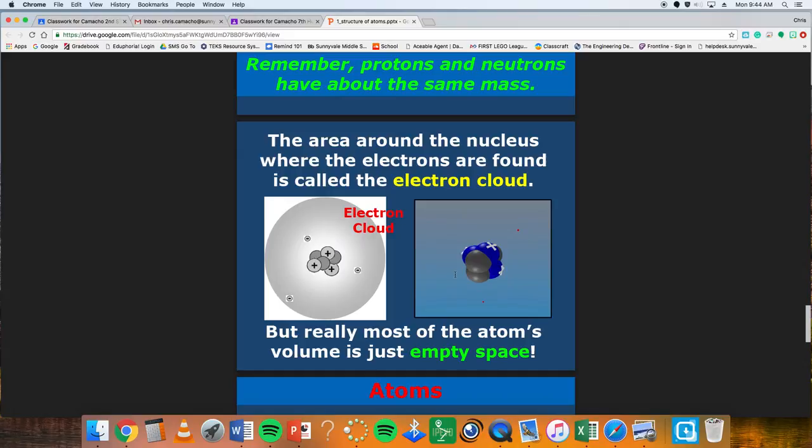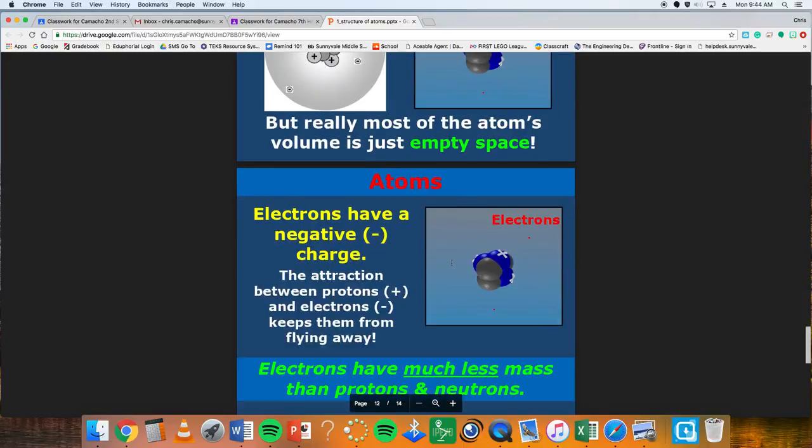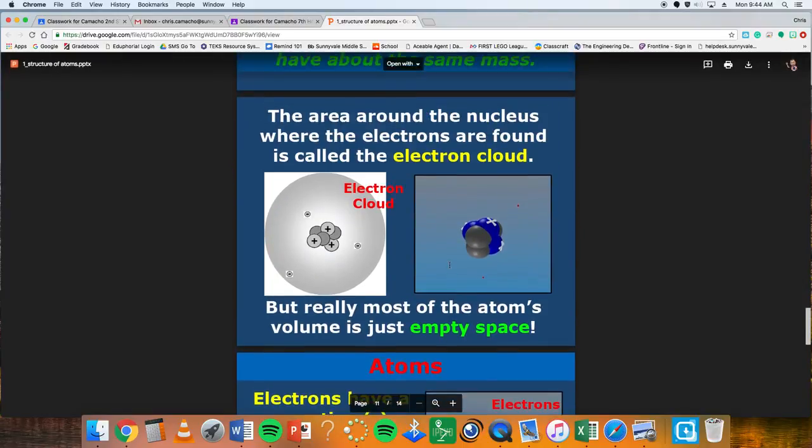But just so you know, really most of the volume of an atom is made up of empty space. So I want to paint a little picture for you really quickly. I'm going to go out in your imagination for a moment. If you were to take a marble and put it at the 50-yard line, dead center at Cowboy Stadium, that's about the size of the nucleus of an atom. And everything else in Cowboy Stadium would be empty space.